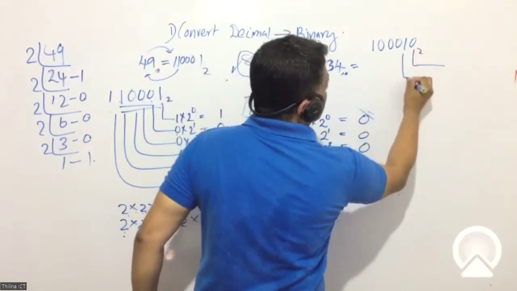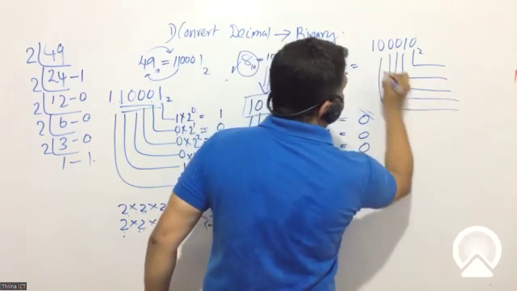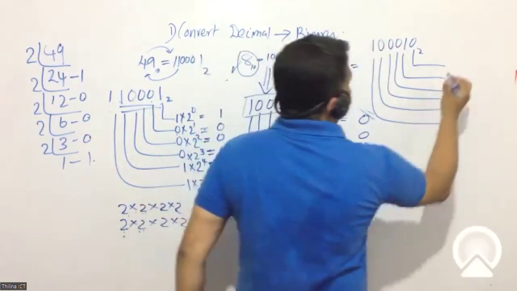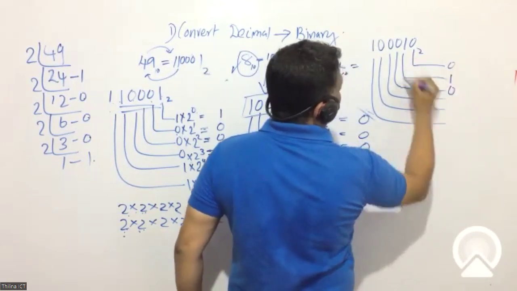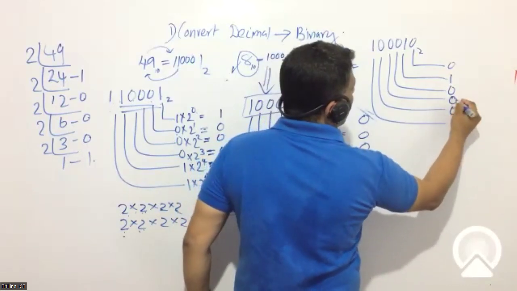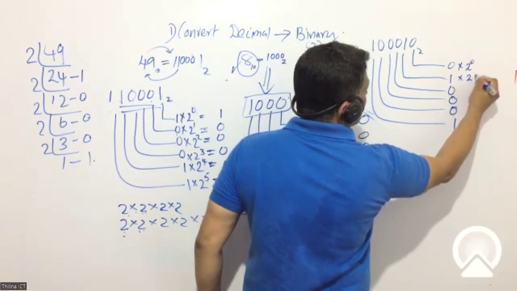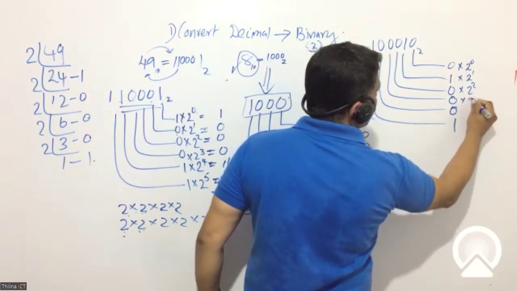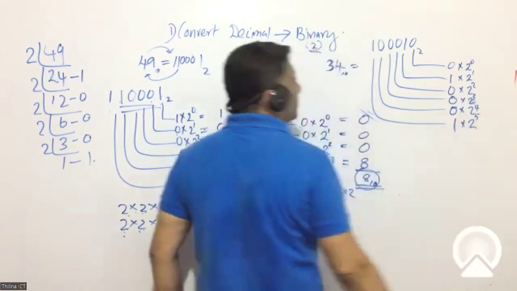So separate the positions now. 0, here 1, here 0, 0, 0, 1. Right. Put the positions. Help me. 2 to the power 0, 2 to the power 1, 2 to the power 2, 2 to the power 3, 2 to the power 4, 2 to the power 5.